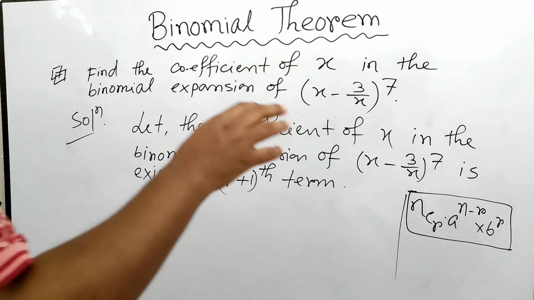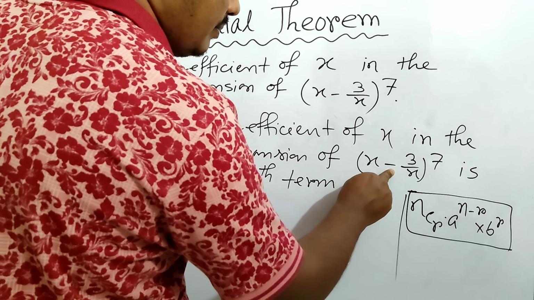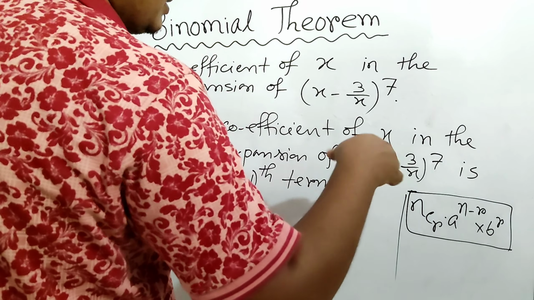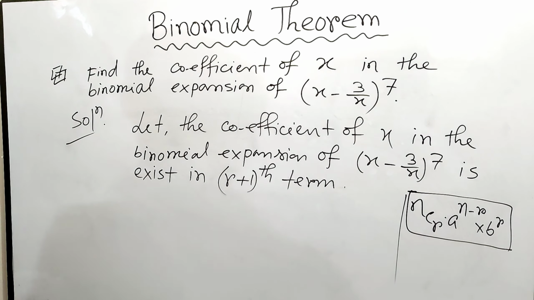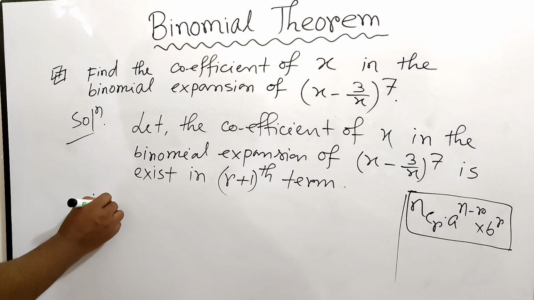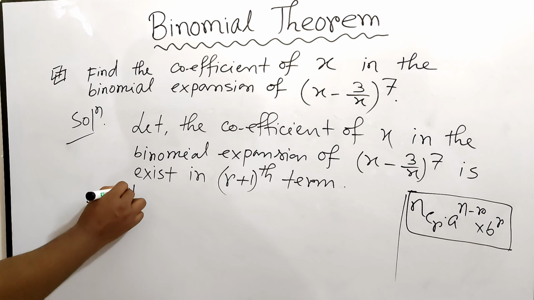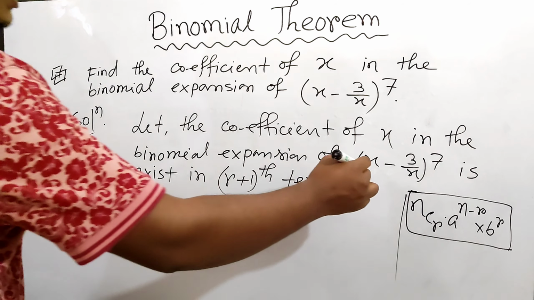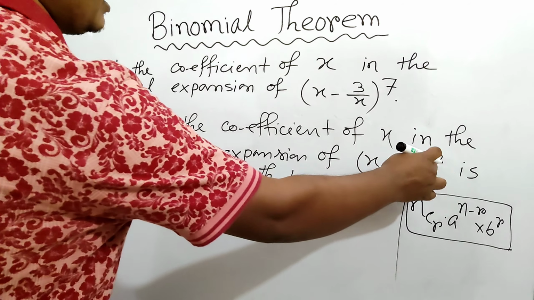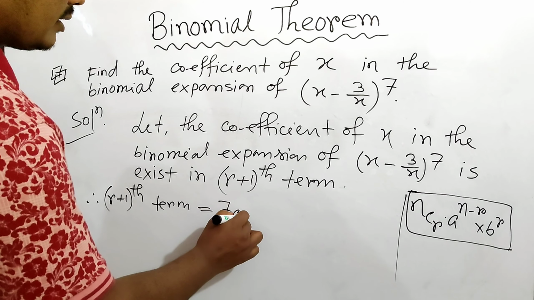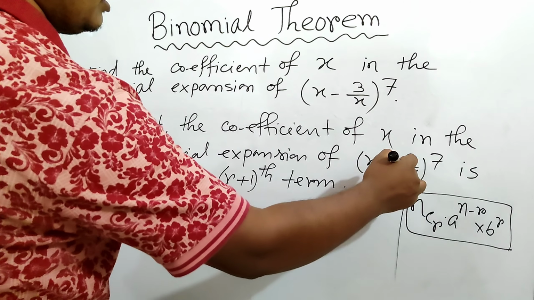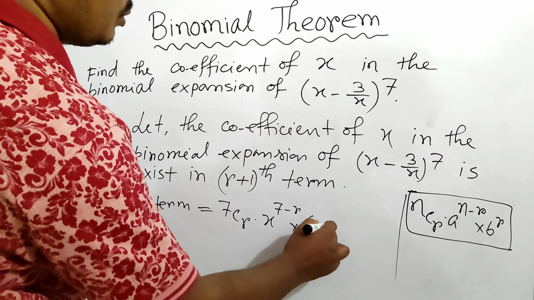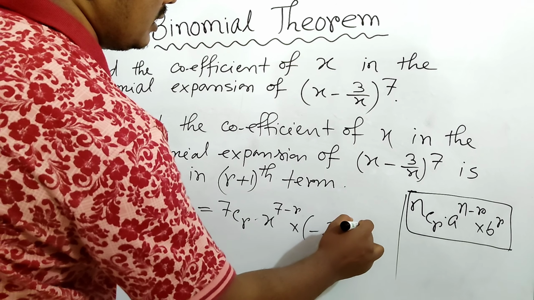Always keep in mind, if the sign is negative, you must consider it as negative for b, otherwise the answer will be wrong. Now the r plus 1 term equals, where n is 7, 7Cr x to the power 7 minus r multiplied by negative 3 over x to the power r.